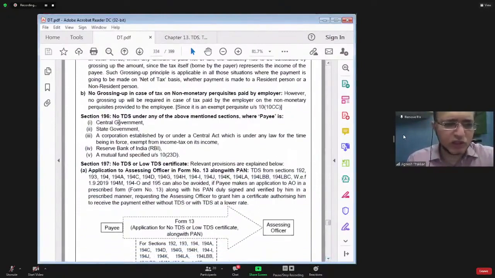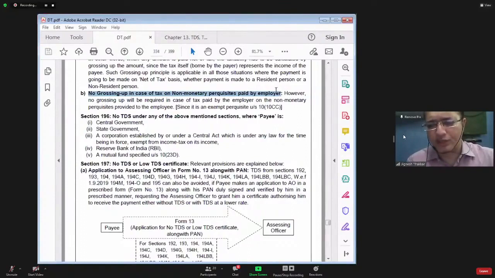Such grossing up is not required to be done in case of tax on non-monetary perquisite paid by the payer. Do you remember we had discussed this while discussing section 192 that the employer is providing two types of perquisite to the employee, monetary perquisite and non-monetary perquisite.